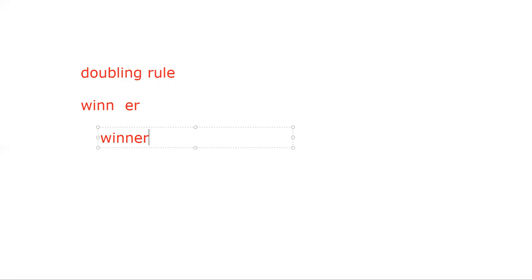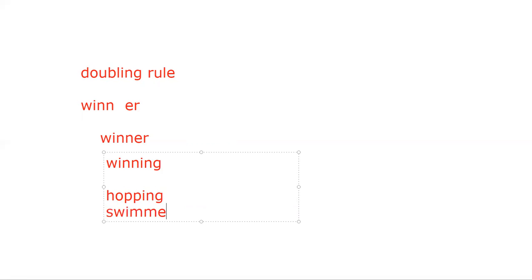Can you give examples? So for all the suffixes which start with a vowel, so winner, or even winning, or even hopping. Okay. Can you give more examples, even for swimmer?